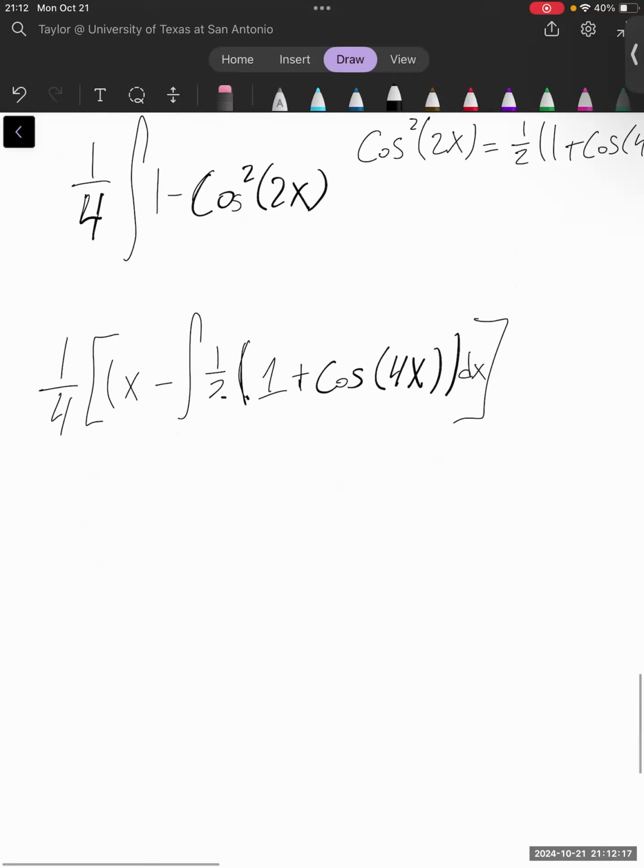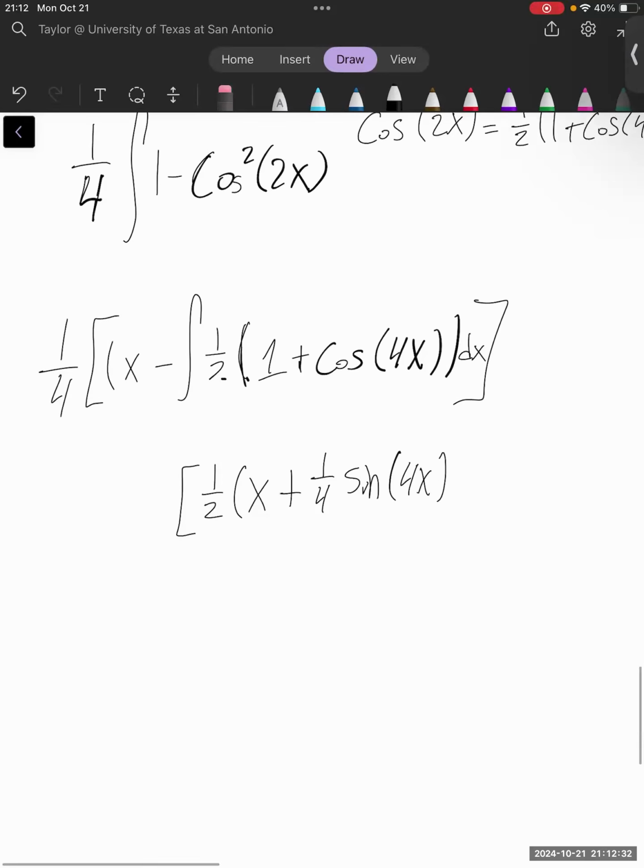Okay, so doing this integral, we get 1/2 x plus 1/4 sine of 4x plus c, minus x, all times 1 over 4.